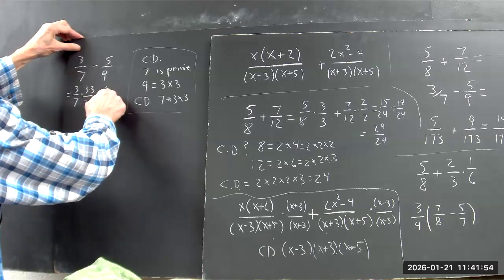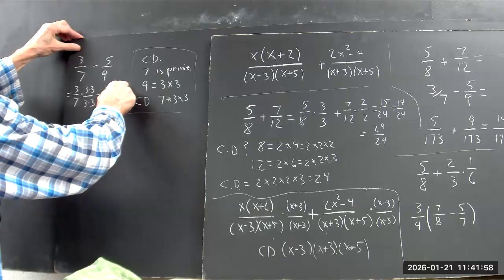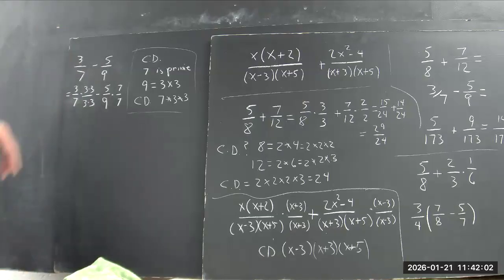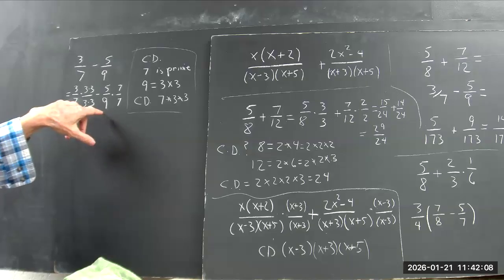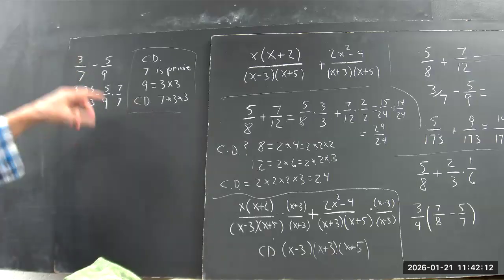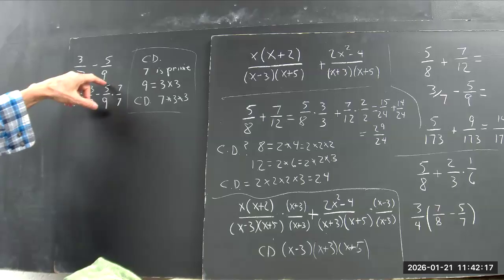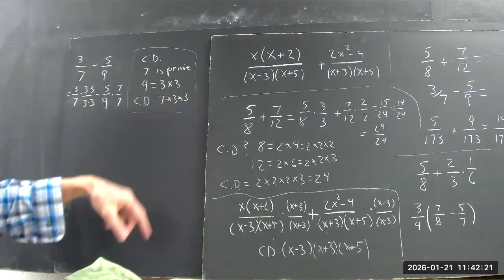Then we have minus 5 over 9, and we've got to multiply that by 7 over 7. Now, I could have written the 9 as 3 times 3, but we kind of implicitly know that. So when we look at 5/9, we want a denominator 7 times 3 times 3.